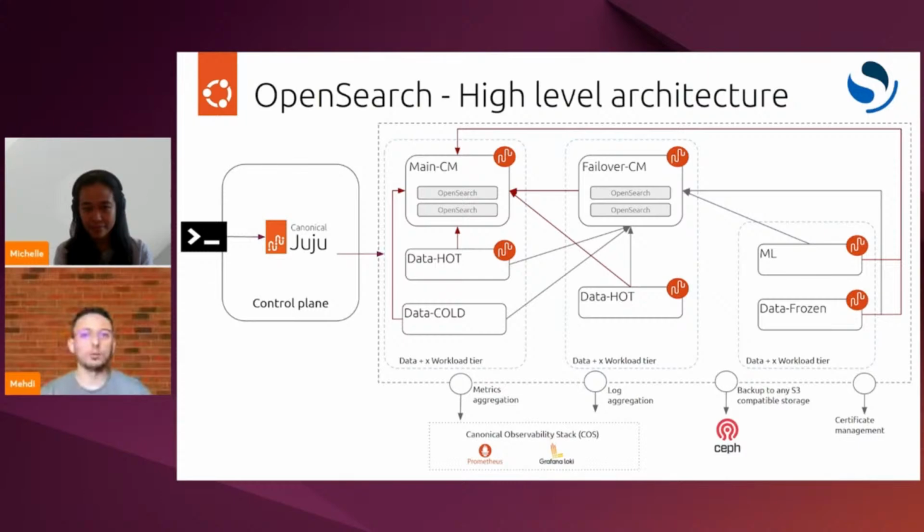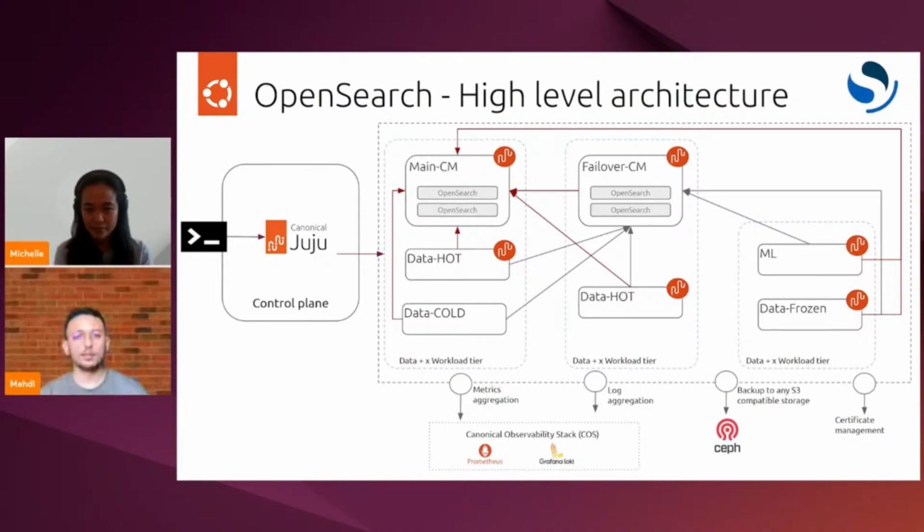And you would give to that unit of deployment, which is again a set of nodes, the cluster manager role. Then, depending on your data architecture, so hot, warm, frozen, cold, and so forth, you could have another cluster full of data hot nodes, right?